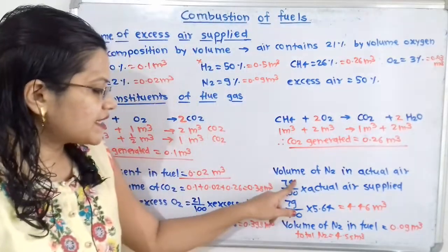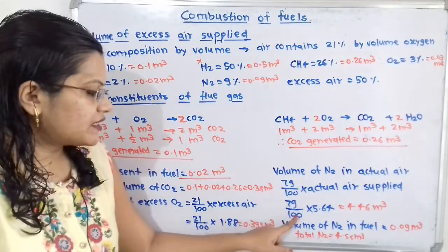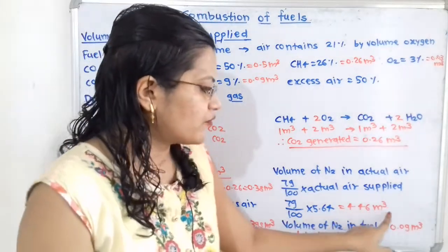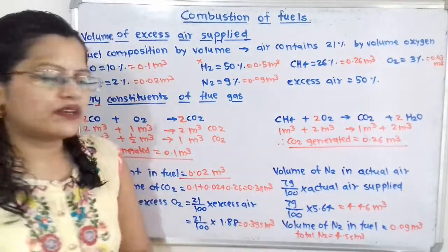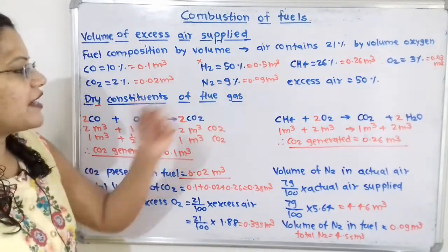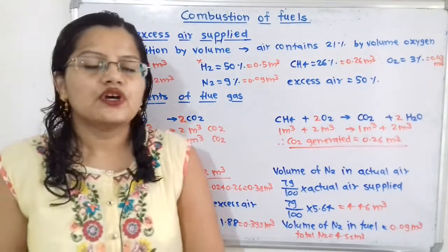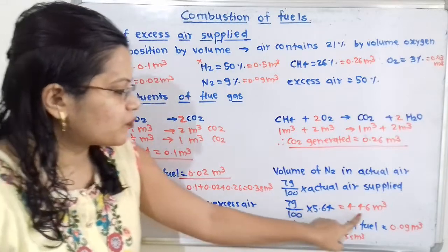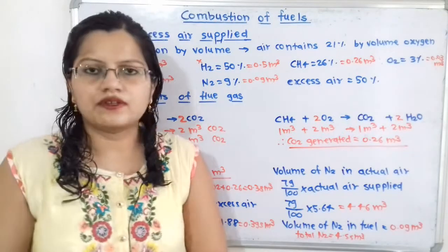So 79 by 100 multiplied by the actual air supplied, 5.64, is equal to 4.46 meter cube. This is the volume of nitrogen from the air, but in the fuel there is also nitrogen, which is equal to 0.09 meter cube. So the total amount of nitrogen found in flue gas is 4.46 plus 0.09, that is 4.55 meter cube.